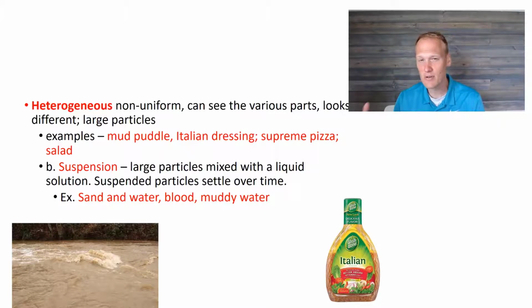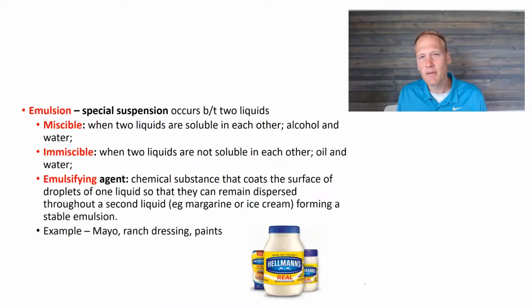Italian dressing, when you leave it in the fridge, the spices and herbs settle down. That would be a suspension. You can have a heterogeneous mixture that's not suspended, like lots of food such as salads or pizza. Those are heterogeneous mixtures because the toppings or the things within the salad are not evenly distributed.